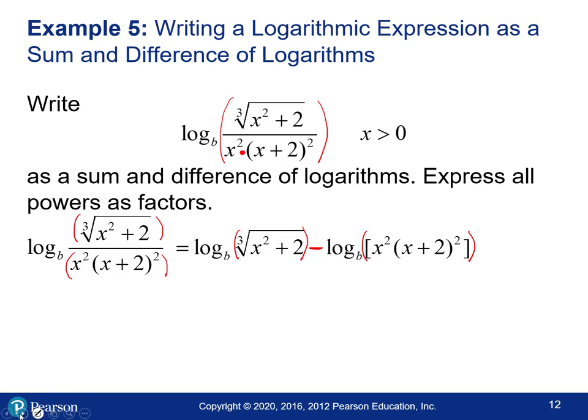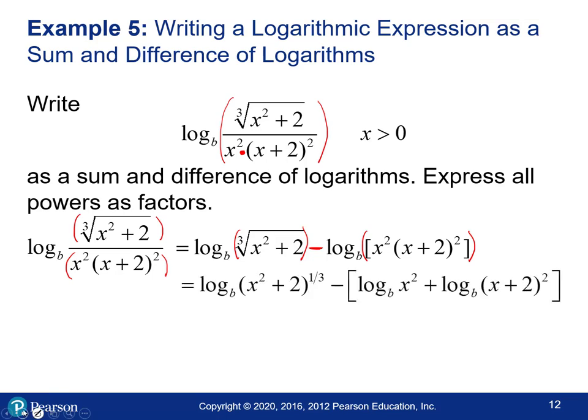Okay, so that's using our division property or quotient to subtraction. From there, we're going to use the sum property that says if I have 2 factors in my argument, then I can separate those into 2 logs if I add the 2 logs.